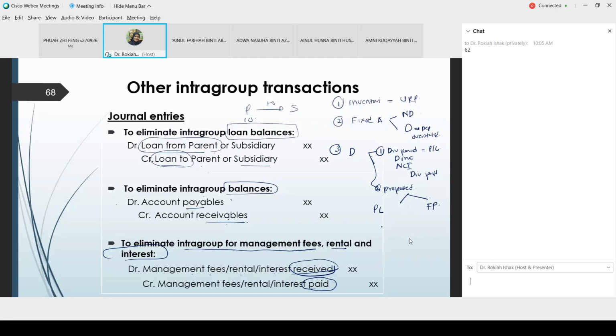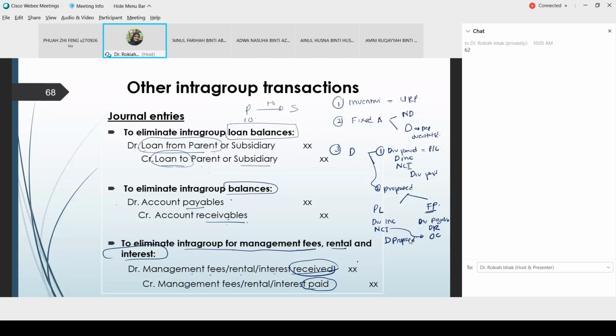For P&L, the same as before, you debit dividend income and NCI, but this time it is dividend proposed. In the statement of financial position, the proposed dividend becomes dividend payable, credit dividend receivable, and the NCI becomes other creditors.